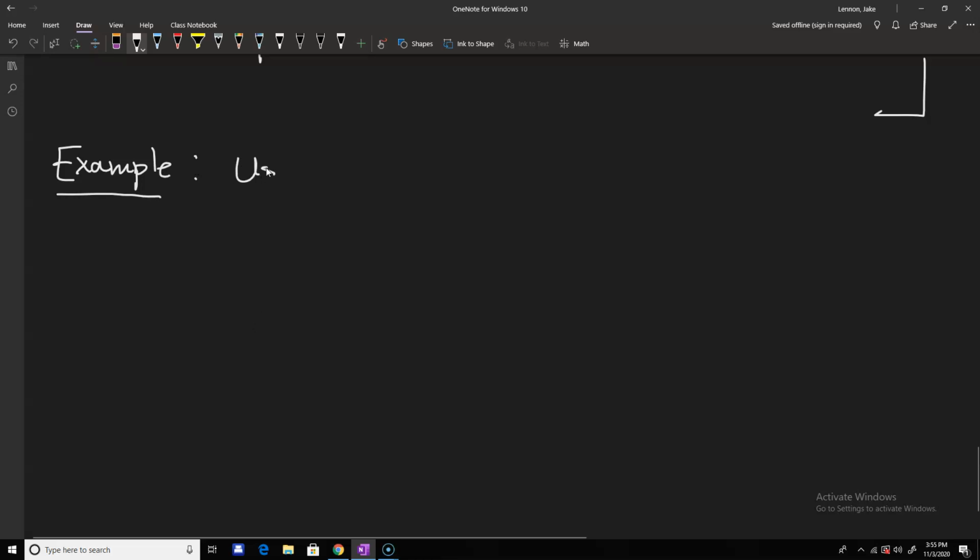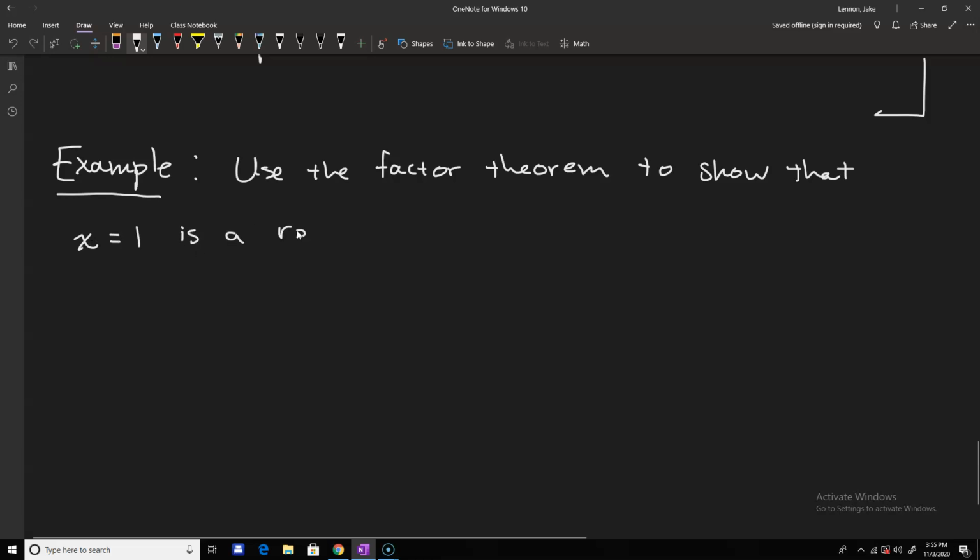So use the factor theorem to show that x equals 1 is a root of p of x equals x cubed minus 7x plus 6.